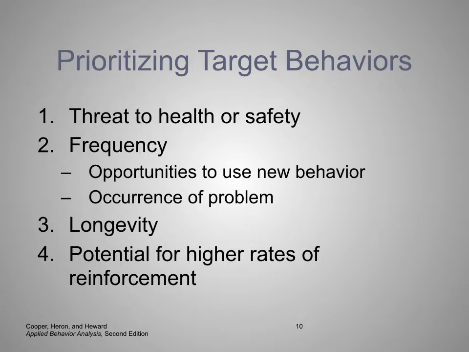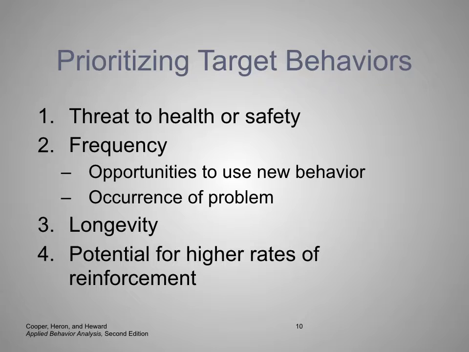Once you determine the eligible target behaviors, you have to make decisions about which behavior you can focus on first. So you have to decide the priority. To decide that priority, you can use the following 9 questions from your text.